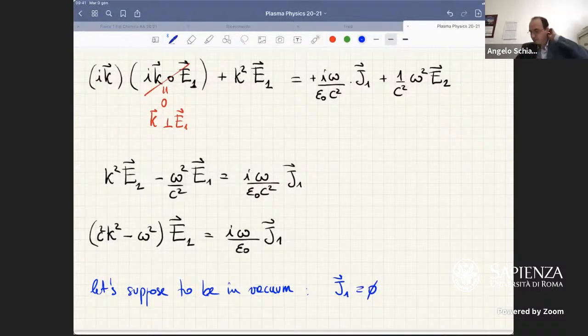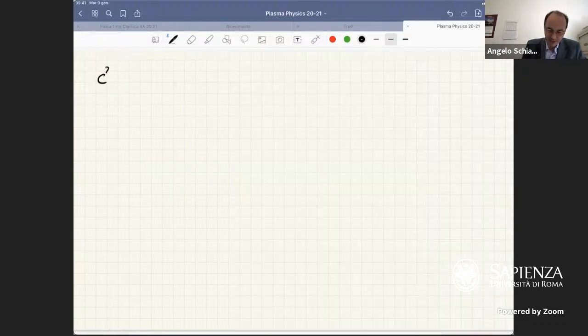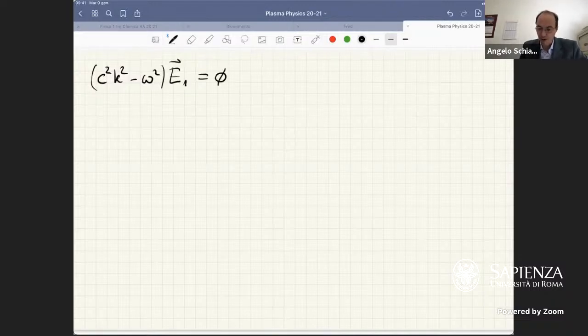So this relation is telling us that if we can have a wave solution in vacuum, then c squared k squared minus omega squared, multiplied by the electric field, is equal to 0. And the non-trivial solution, the one for which the electric field is different from 0, requires that our dispersion relation in vacuum is omega squared equals c squared k squared.